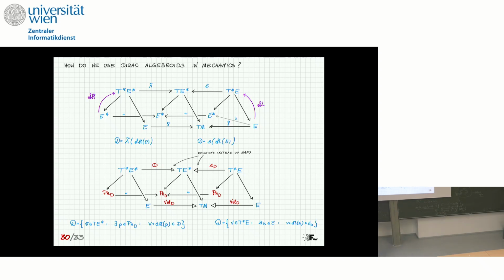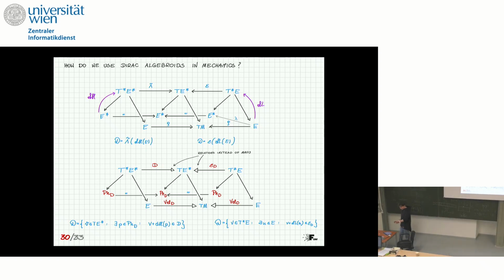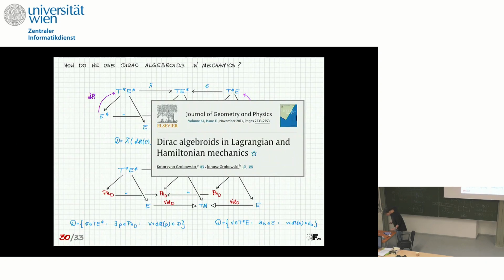And this is a very general scheme. So let us look at how this scheme works. This scheme was for the first time written in the paper by me and Janusz, Dirac Algebroids in Lagrangian and Hamiltonian Mechanics.